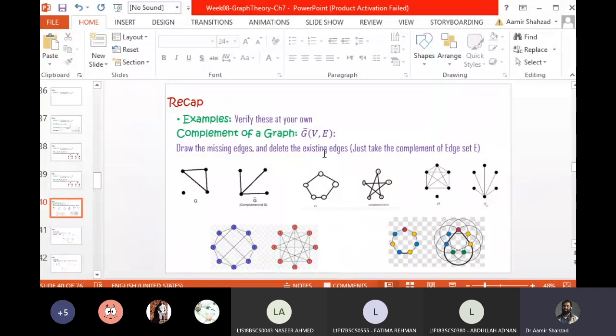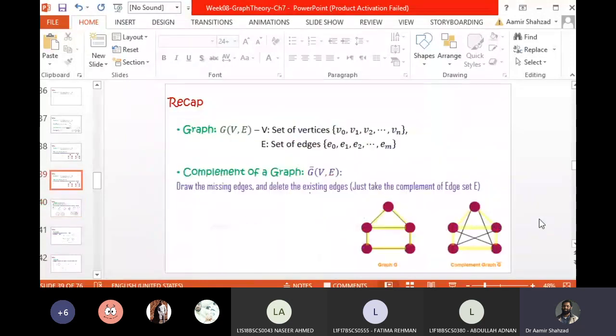Similarly, over here I have a cycle, a graph on 5 nodes. Its complement is here. This is a graph on 6 nodes. Its complement is here, and so on. Then I just made complicated examples. You can verify these by yourself. Please draw the complement of a graph on paper: given a graph, what kind of graph its complement is.